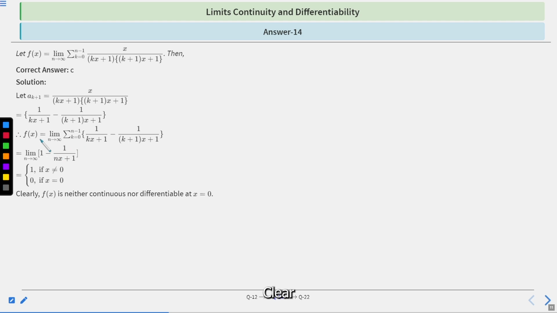Clear? And it is equal to, since n tends to infinity, after solving this, see, after taking k equal to 0 to n minus 1, all the things will be cancelled out, right? Only the last term will be left.